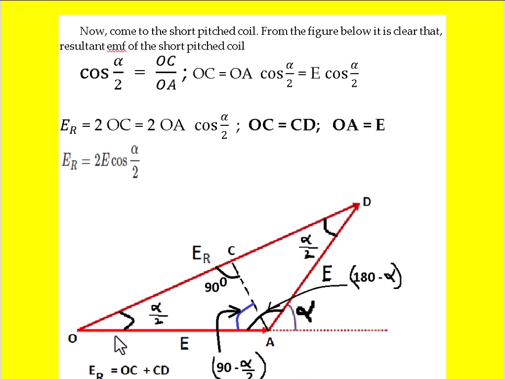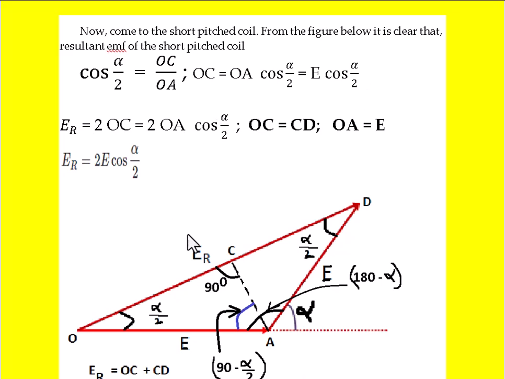And we know what is OA. OA is nothing but the voltage induced in the first coil side, so that is called capital E. So we replace OA with E, and cos alpha by 2 is as it is there.